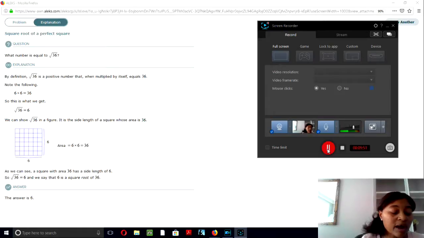So for this problem here, it says the square root of 36. I have a smartphone with just the basic calculator, but when I turn my calculator long ways or horizontally, then my scientific calculator pops up. So what I have to do first is I type in 36, and then I press the square root.